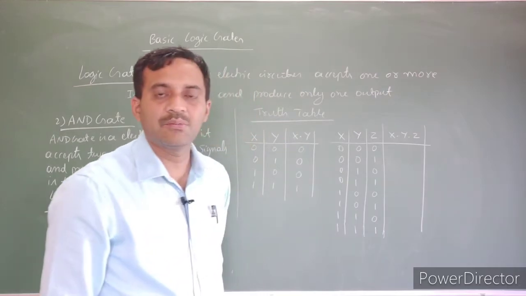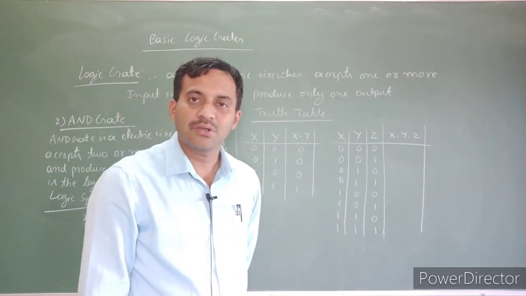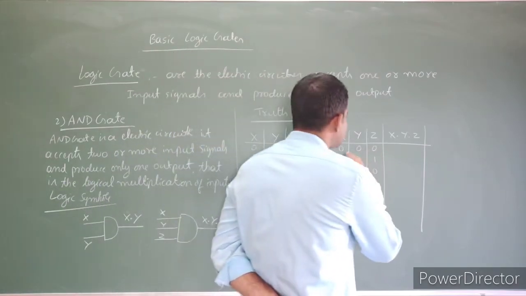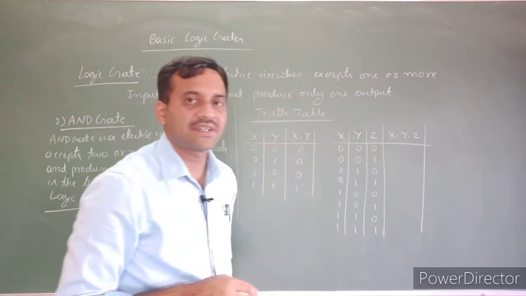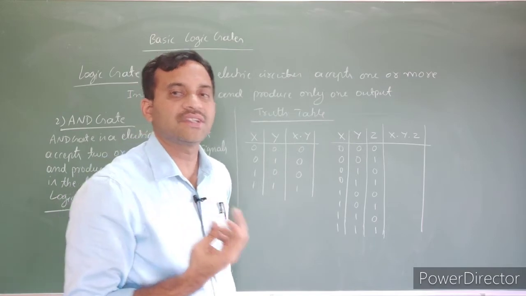So these are the 8 possible combinations. Then it is logical multiplication: if any one of the inputs is 0, the output is 0.